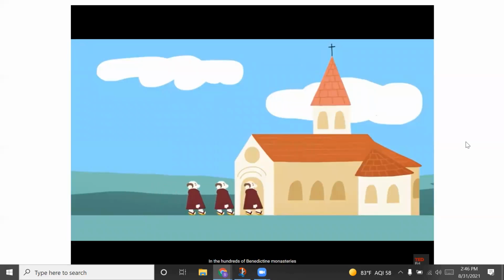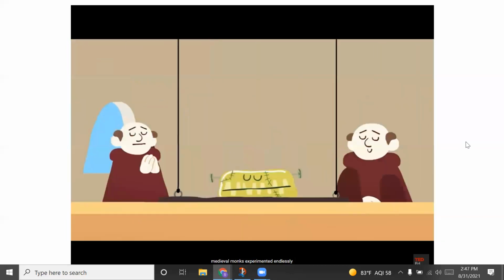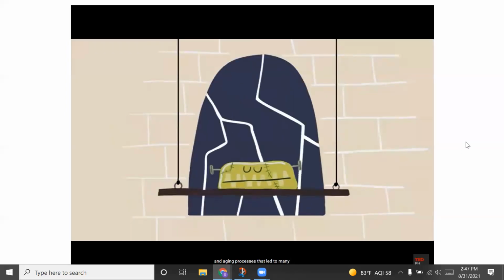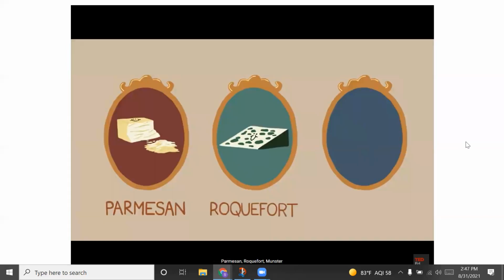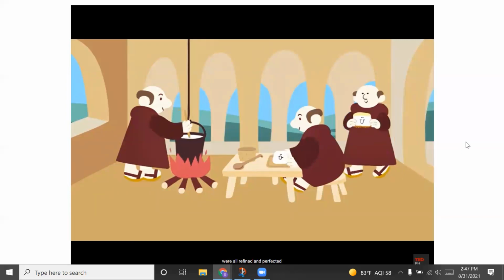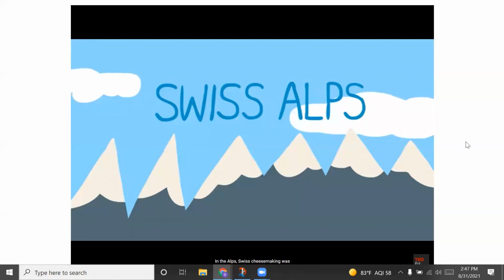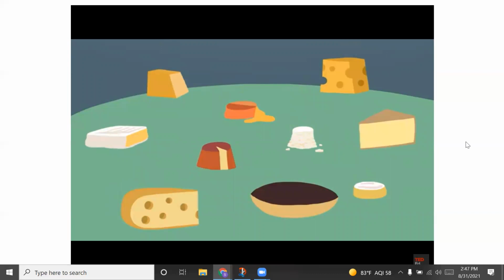In the hundreds of Benedictine monasteries scattered across Europe, medieval monks experimented endlessly with different types of milk, cheesemaking practices, and aging processes that led to many of today's popular cheeses. Parmesan, Roquefort, Munster, and several Swiss types were all refined and perfected by these cheese-making clergymen. In the Alps, cheesemaking was particularly successful, producing a myriad of cow's milk cheeses.